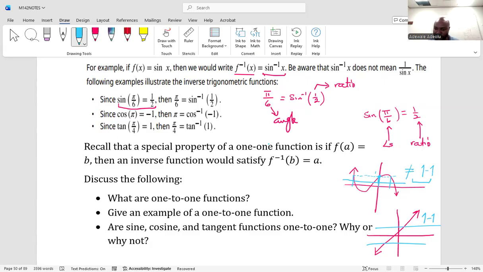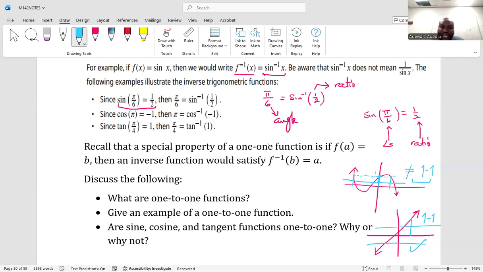However, here, if we pick a y value here, it is only having one x input. At any point you pick that, there will be only one input for it. So we say it is one-to-one.